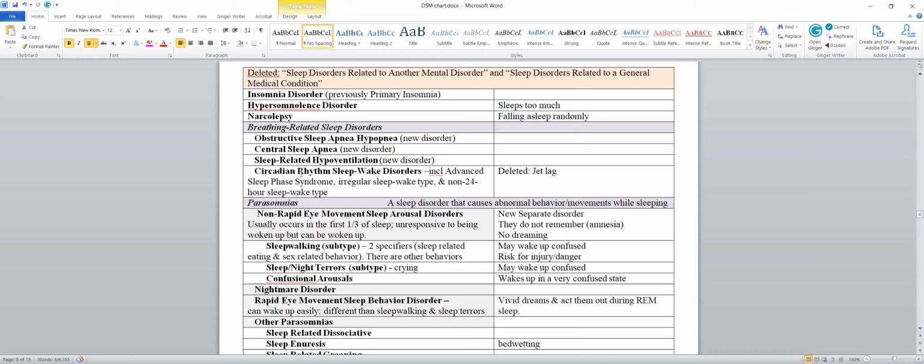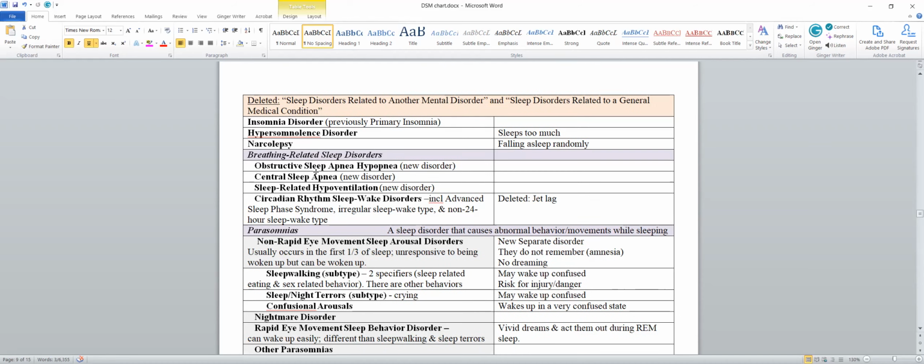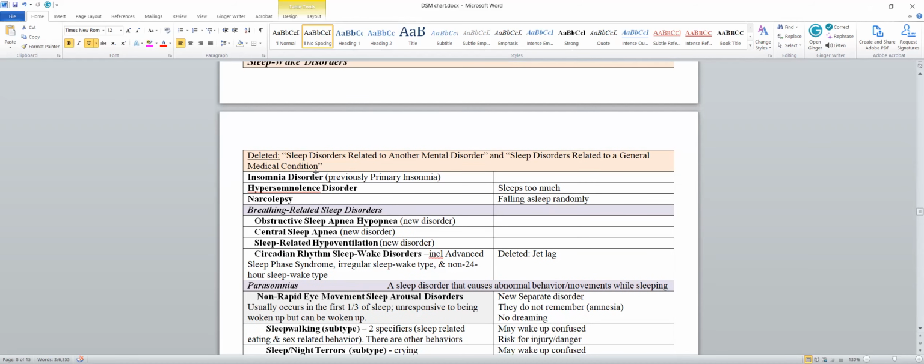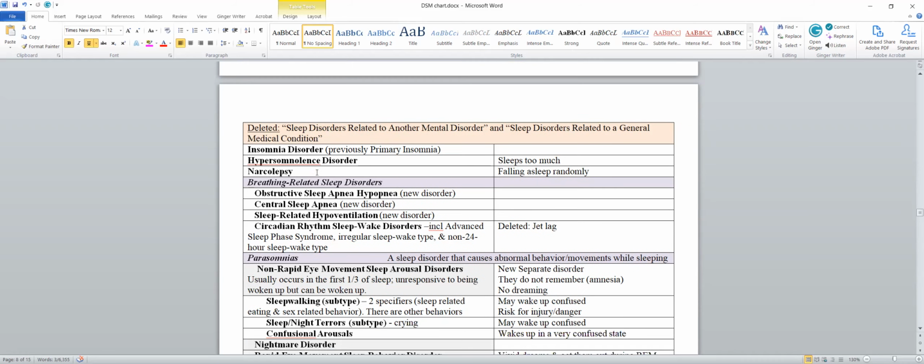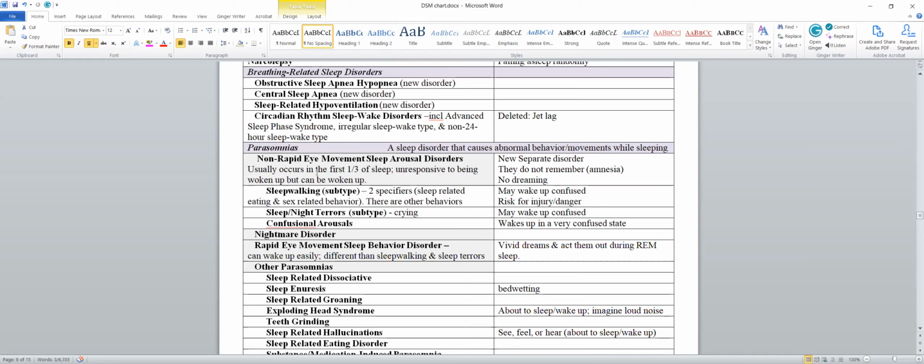The next main subcategory under sleep-wake disorders is parasomnias, a sleep disorder that causes abnormal behaviors or movements while sleeping. There's a couple different types. There's non-rapid eye movement sleep arousal disorder, and under it are sleepwalking, sleep terrors and confusional arousal.